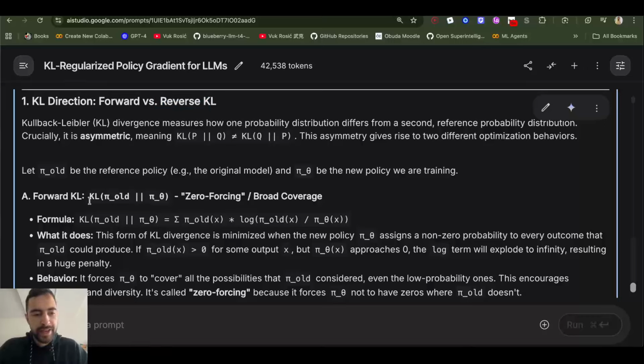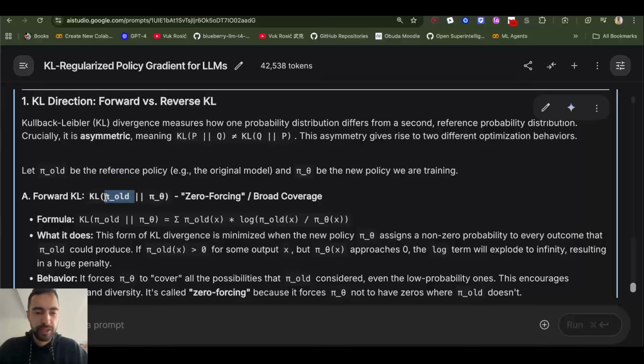Forward KL is going to say what is the KL divergence from the old policy to the new policy, or I can also say how much the new policy pi theta diverges with respect to the old policy.